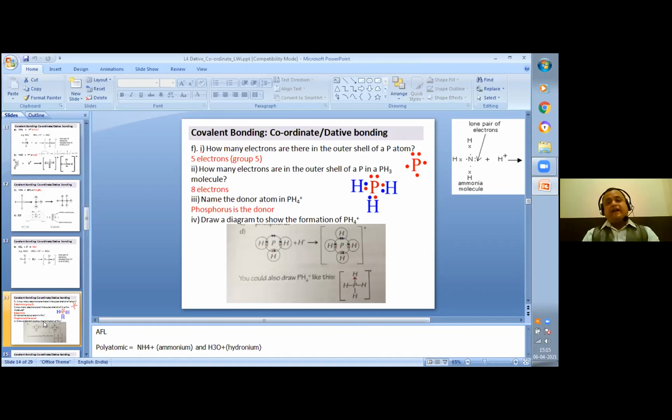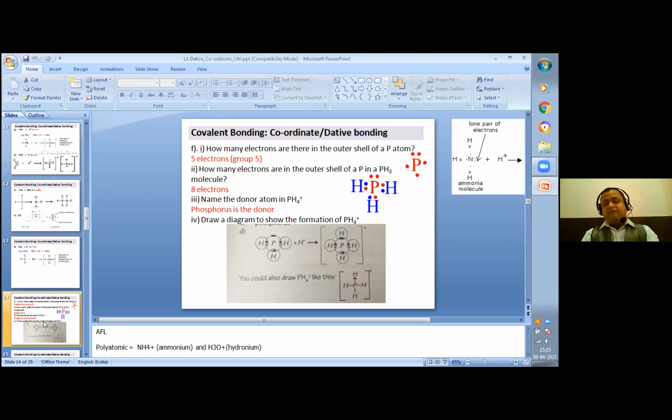The question is, how many electrons are there in the outer shell of a P atom? P stands for phosphorus. The atomic number of phosphorus is 15, so its configuration is 2, 8, 5. So in the outermost shell, there are 5 electrons.